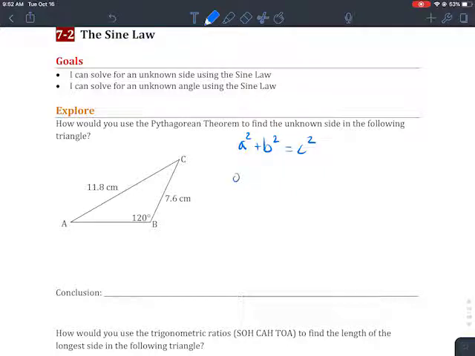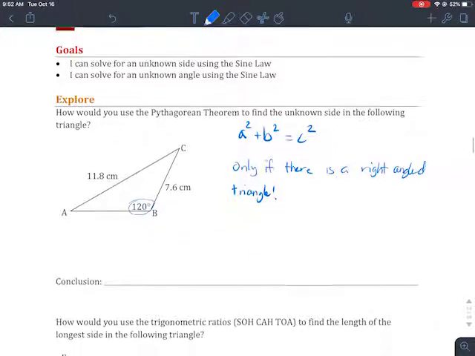Now that theorem only works if there is a right angled triangle. In the picture to the left, I have an angle of 120 degrees, which means if I added a right angle, if I added 90 degrees somewhere in this triangle, I would have 210 degrees to work with, which is already too large for a triangle.